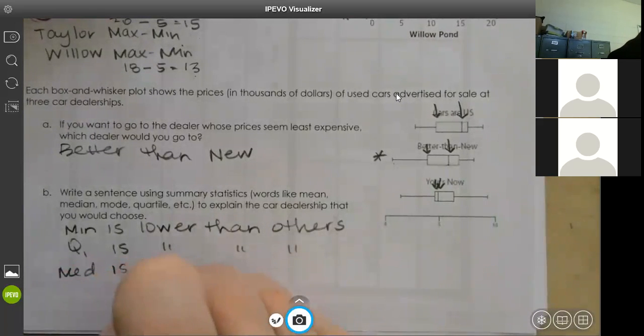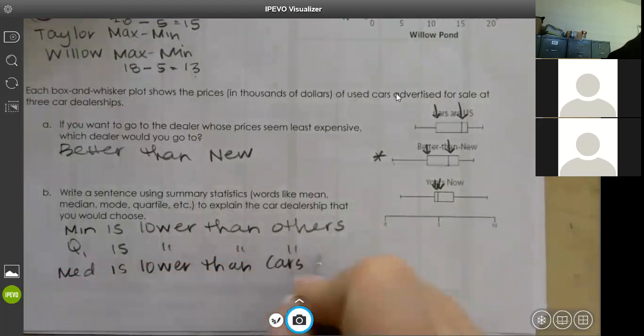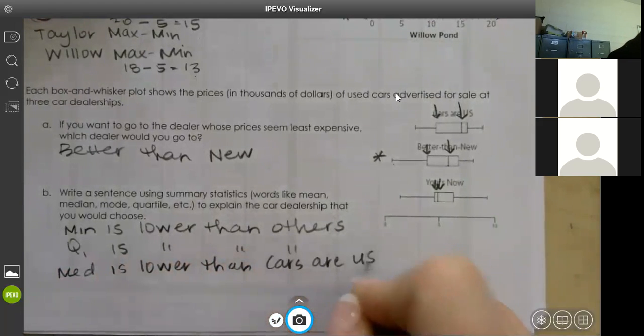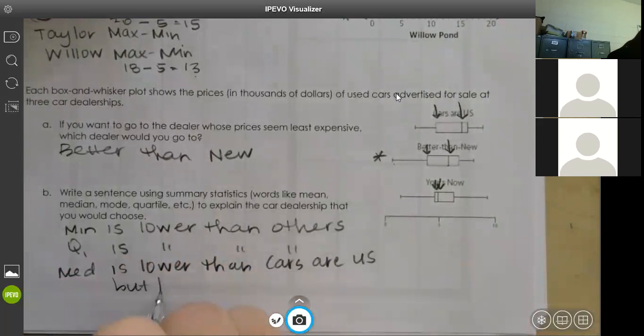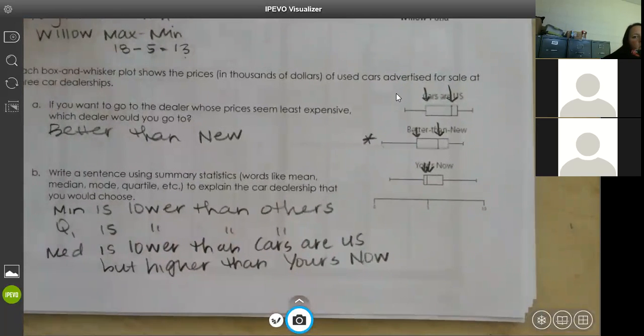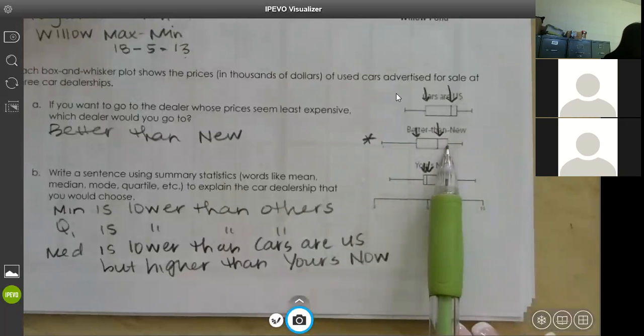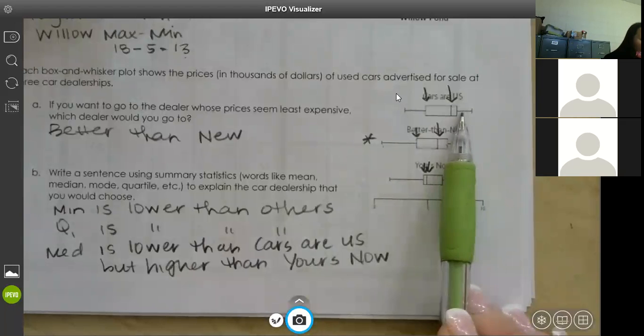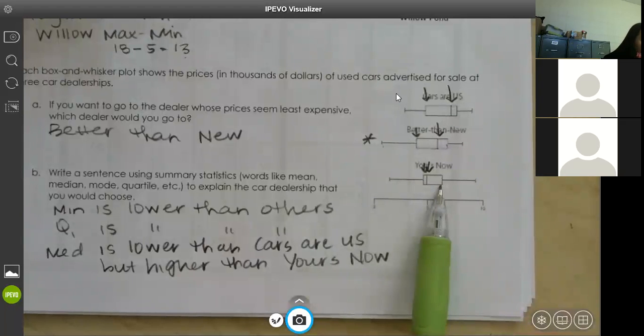It is lower than Cars R Us. What about the other one though? But higher. What about Q3? It's kind of the same, right? It's lower than Cars R Us, but higher.